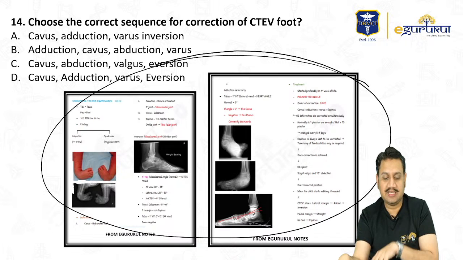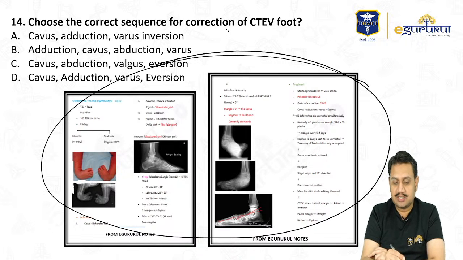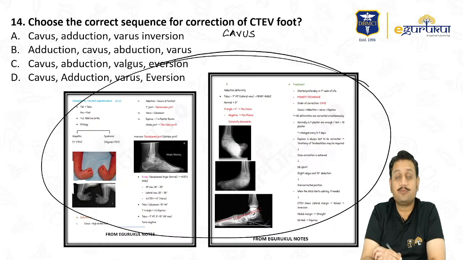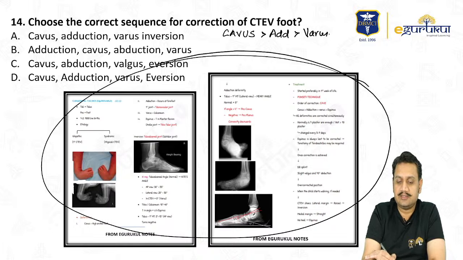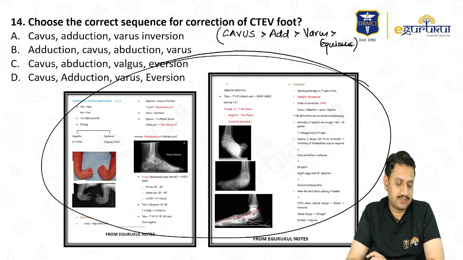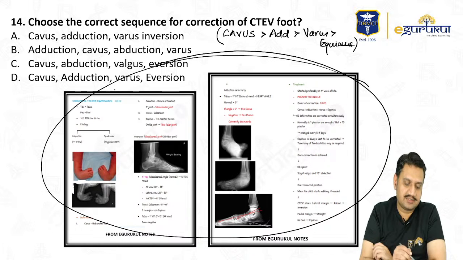So what is the sequence? Correction of the first arch, the cavus, due to the first metatarsal, then correction of the adduction, then the varus, and then the equinus. So CAVE is the sequence to be followed: cavus, adduction, varus, equinus.